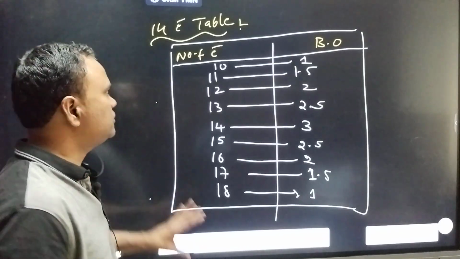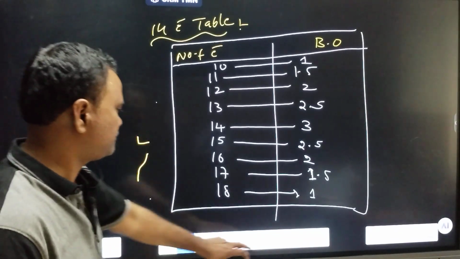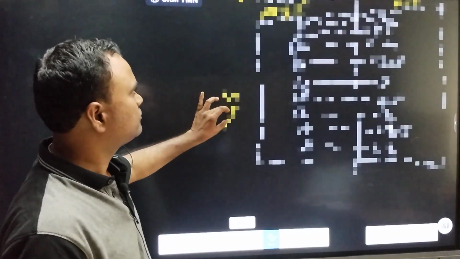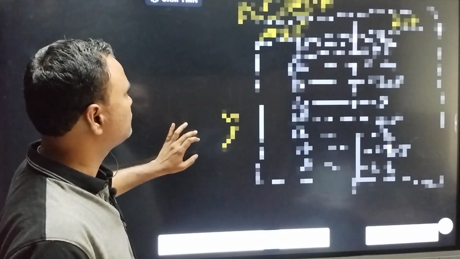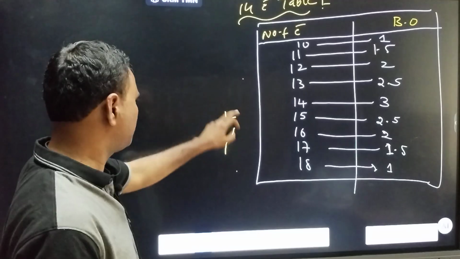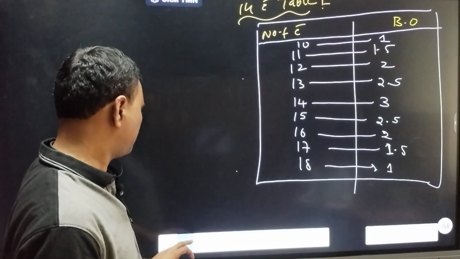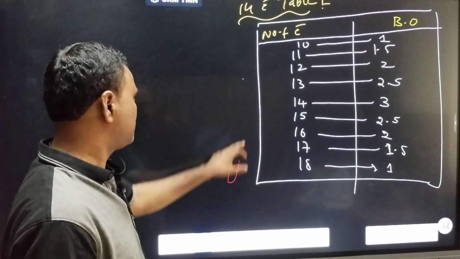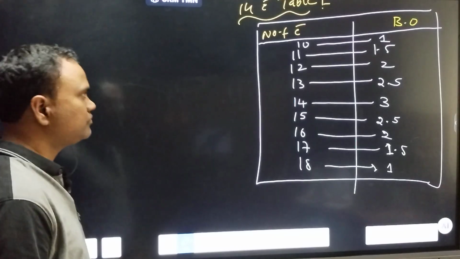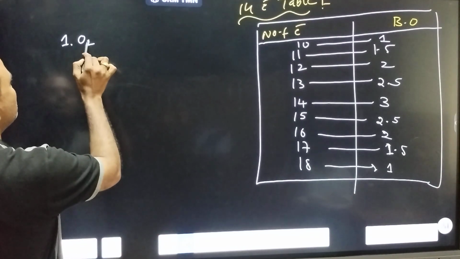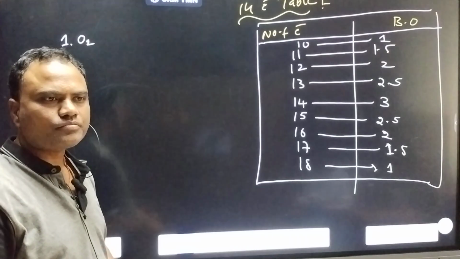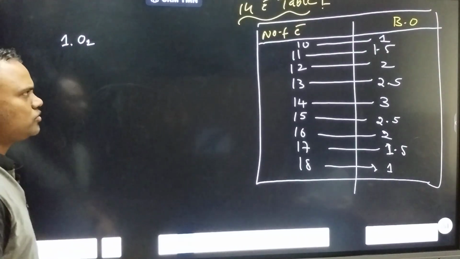Let us start. First example, O2. How many electrons are present in O2?